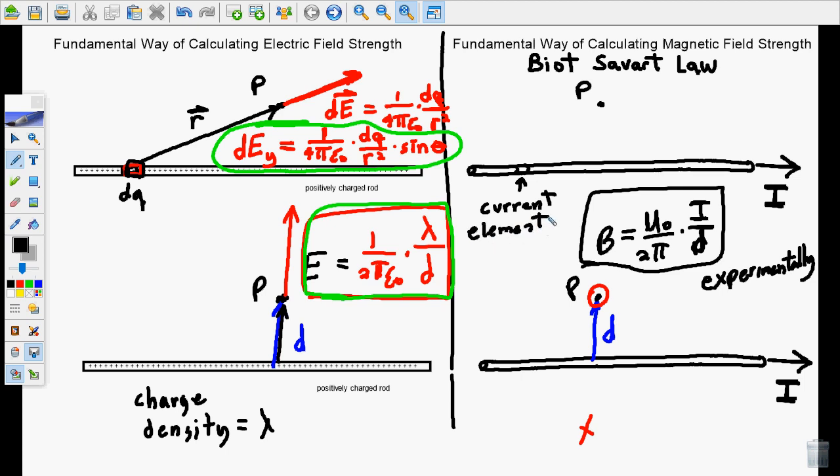is equal to the current in the wire times an infinitely small piece of length of the wire, I dl. dl is an infinitely small little piece of length of the whole shebang length of wire.